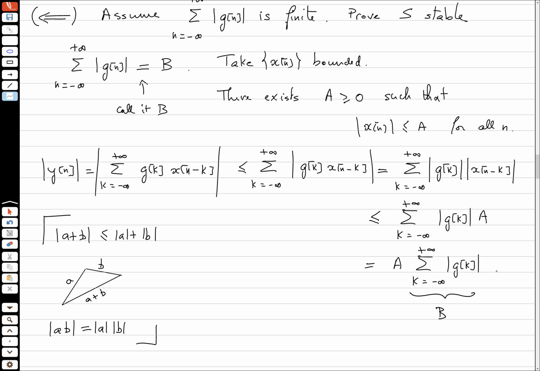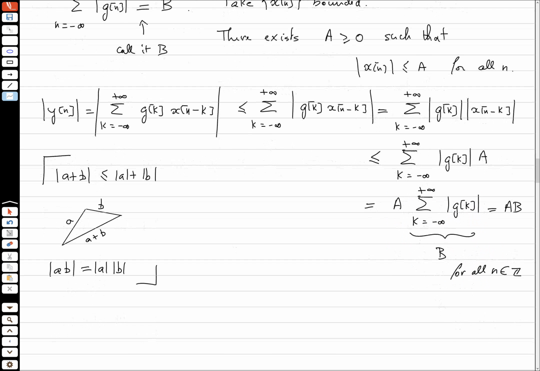B. So it's a number, AB. y of n is less than AB for all n. So y of n is bounded. So S is stable.